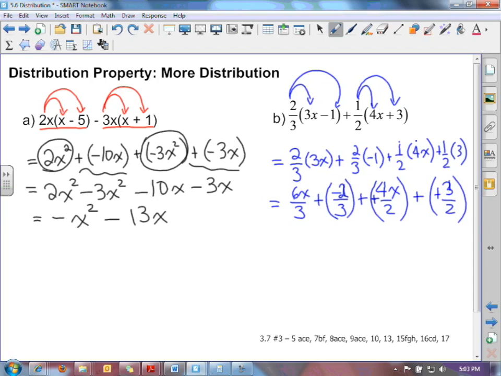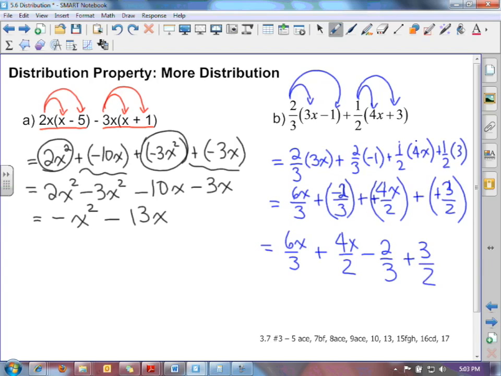We're going to collect all our like terms. 6x over 3 plus 4x over 2. And instead of showing plus negative, I'm just going to put it as negative 2/3 positive 3 over 2.